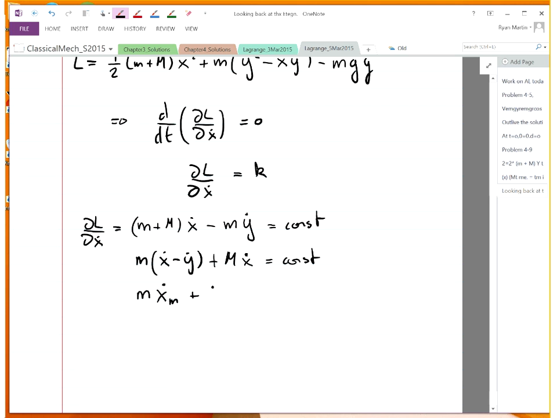So that's the same as saying m times the x velocity of the little mass plus capital M times the x velocity of the big mass. That's equal to the total momentum in the x direction.